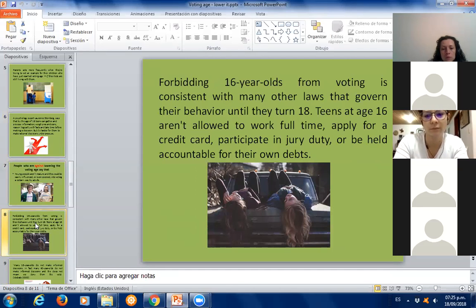For example, having a job or applying for a credit card or being responsible for debts. So if they don't have those responsibilities, they should not be given a big one like getting informed enough to make a good decision about voting.